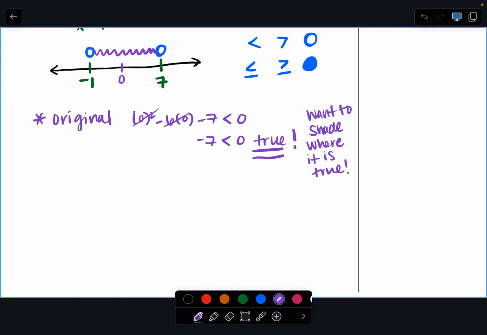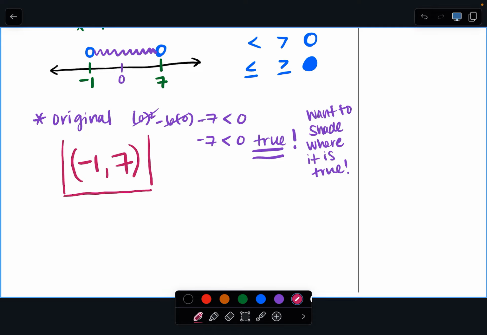Now, the only thing you have to do is write this in interval notation. So interval notation depends on what's my starting value, what's my ending value, am I including it, am I not? My starting value is -1, and because it's an open circle, it's going to have a parentheses. This is exactly how we wrote domain and range. -1 all the way up to +7, and that is also going to have a parentheses.